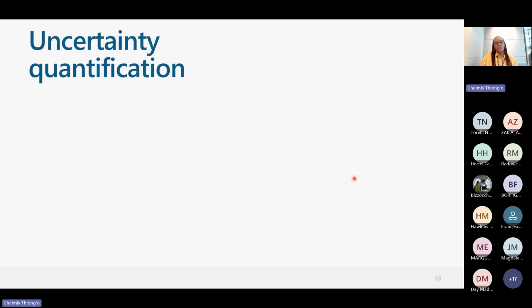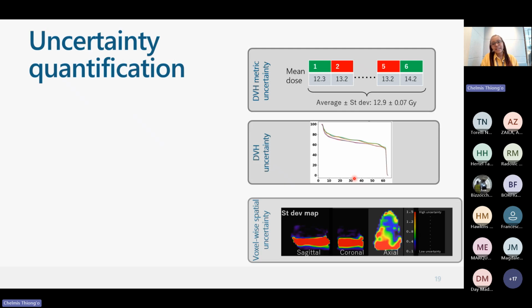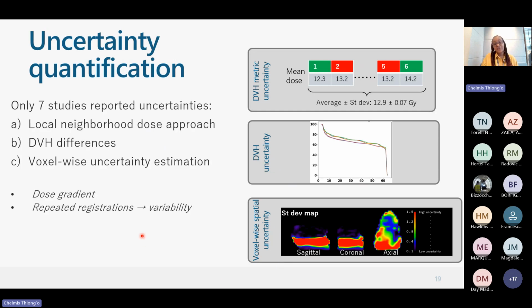There are different ways to report uncertainties, such as DVH metric uncertainty, or DVH plots, or voxelwise spatial uncertainty, among others. But in the studies we selected, only 7 reported uncertainties in the mapped doses.